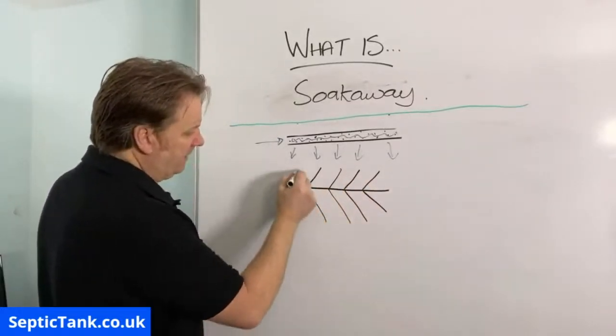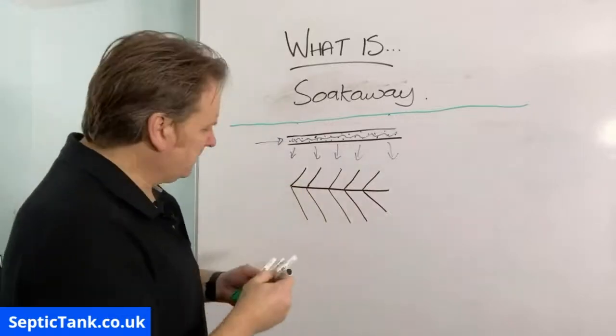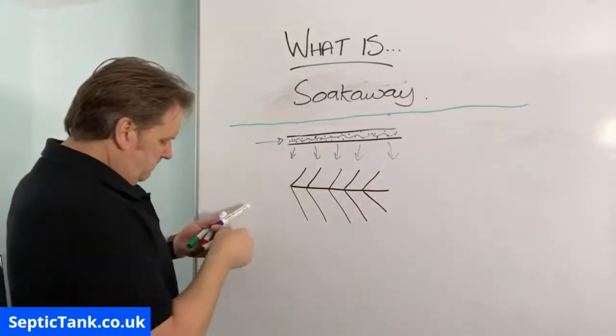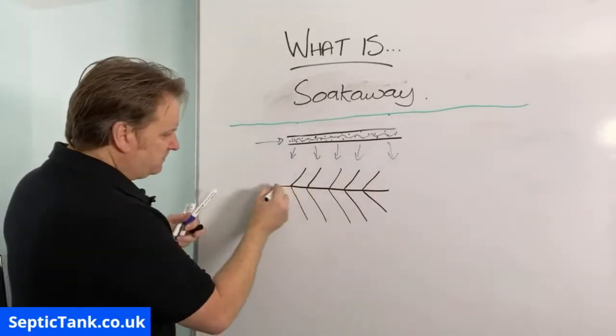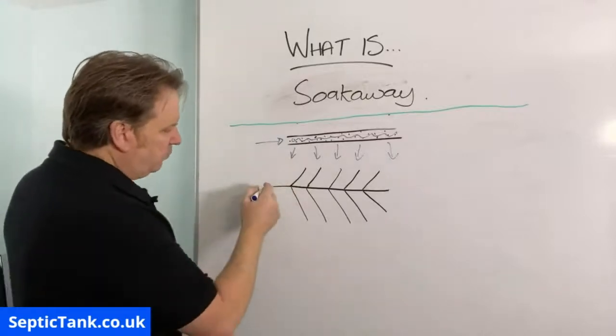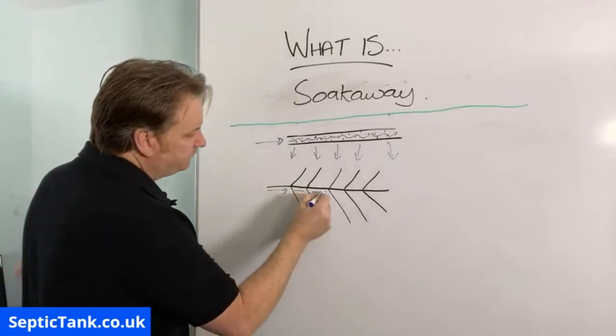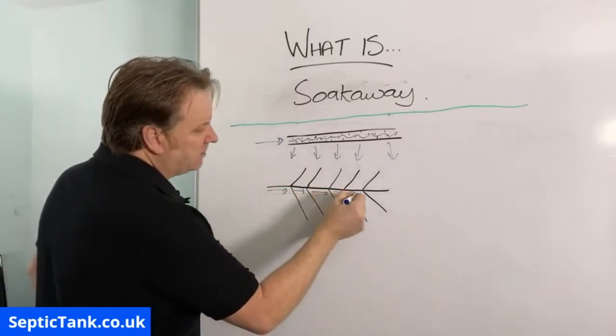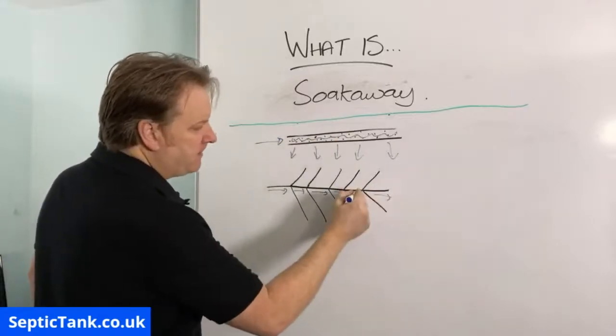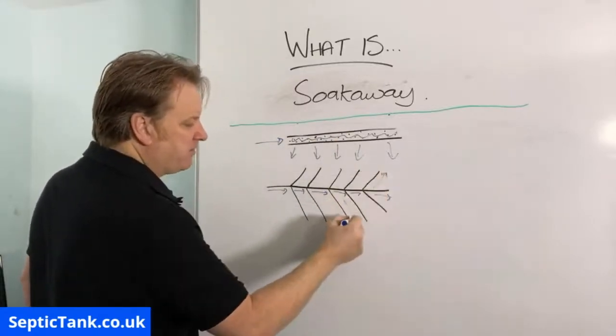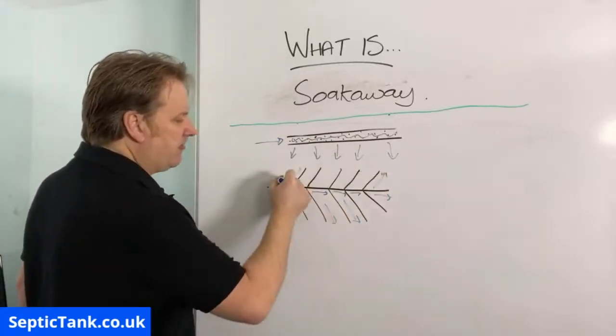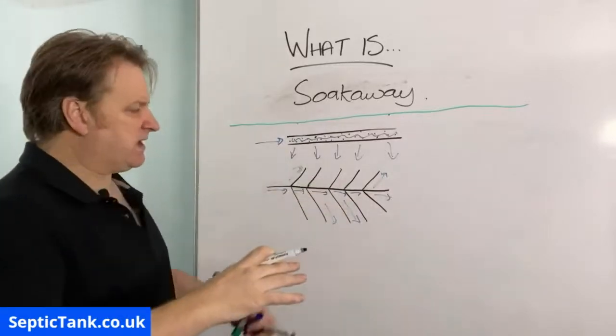So that's looking down. And so the water makes its way, so from here, that comes from the septic tank there. And so the water travels along here, travels along through the perforated pipe there, and then it makes its way out through the branches here into the soil, and then just drains away into the soil.